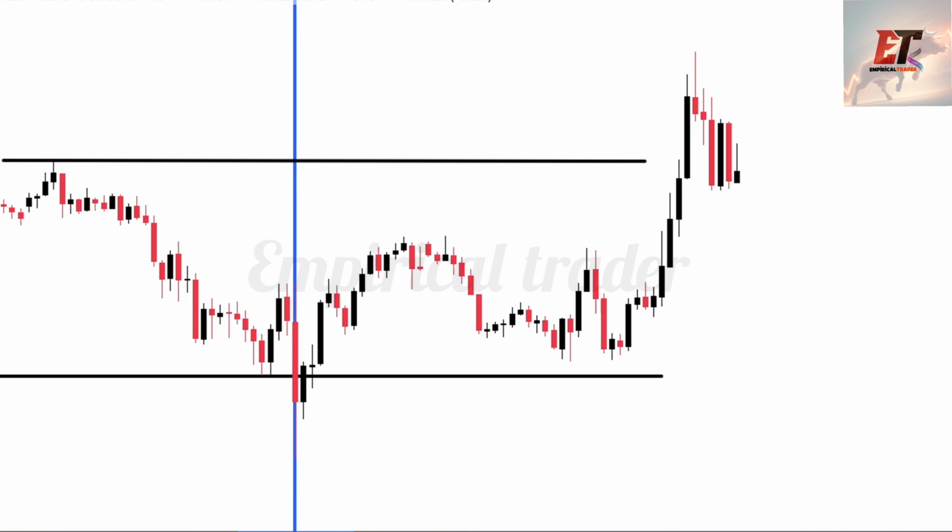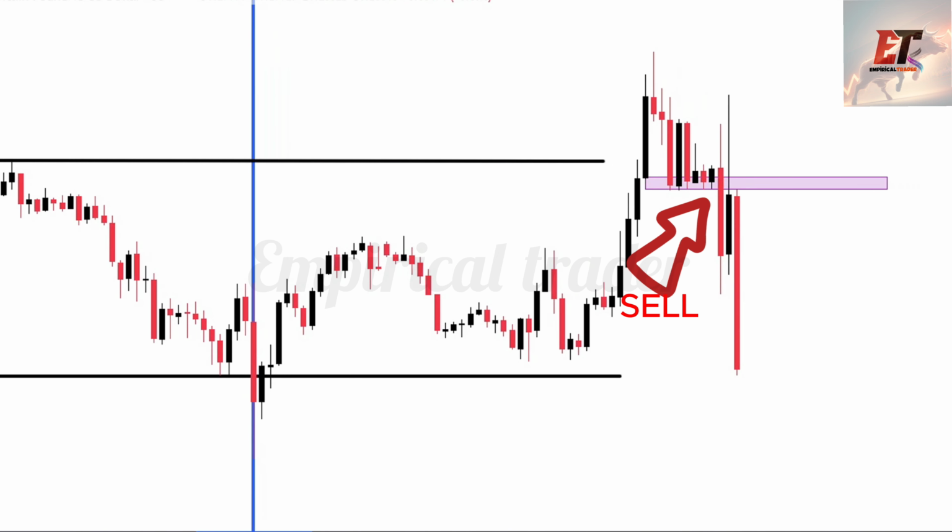In this case, we can use the following as a market structure shift level. We have two entry opportunities. We can sell short on the breakdown, or we can sell short on the retest after the zone has flipped into a resistance.